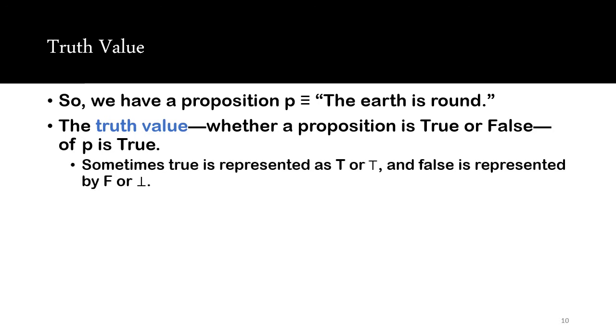Sometimes true is represented as a T, or this weird T, and false is represented by an F, or an upside down T. But I'll stick to using T or F. I just introduced them because some people like to use different orientations of T, which can be very confusing.